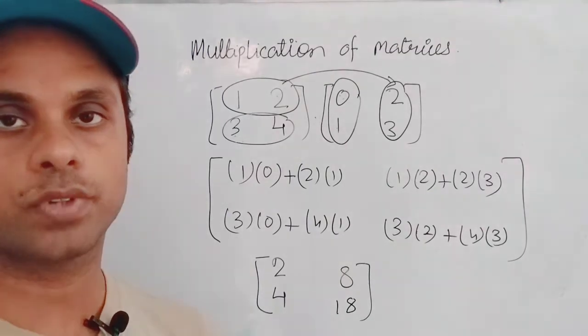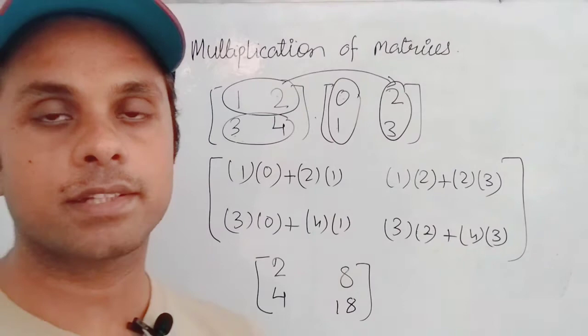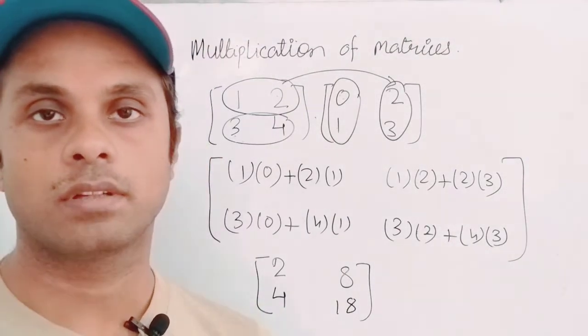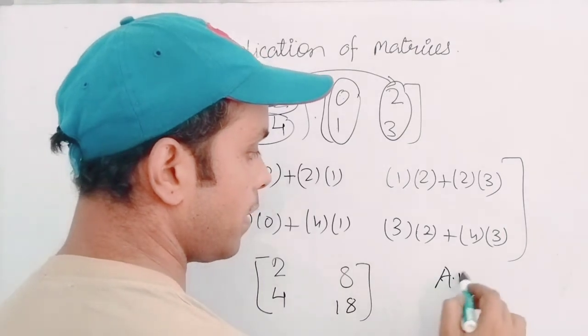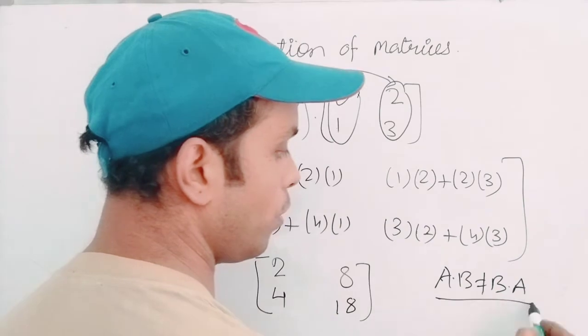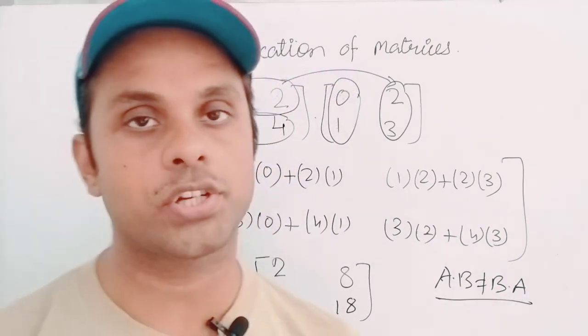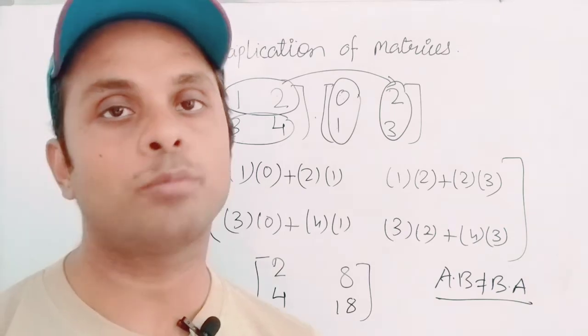Okay, so this was all about multiplication. And remember, matrix multiplication is never commutative. It's not necessary A into B is always same as B into A. No. Under some special conditions, matrix multiplication is commutative.